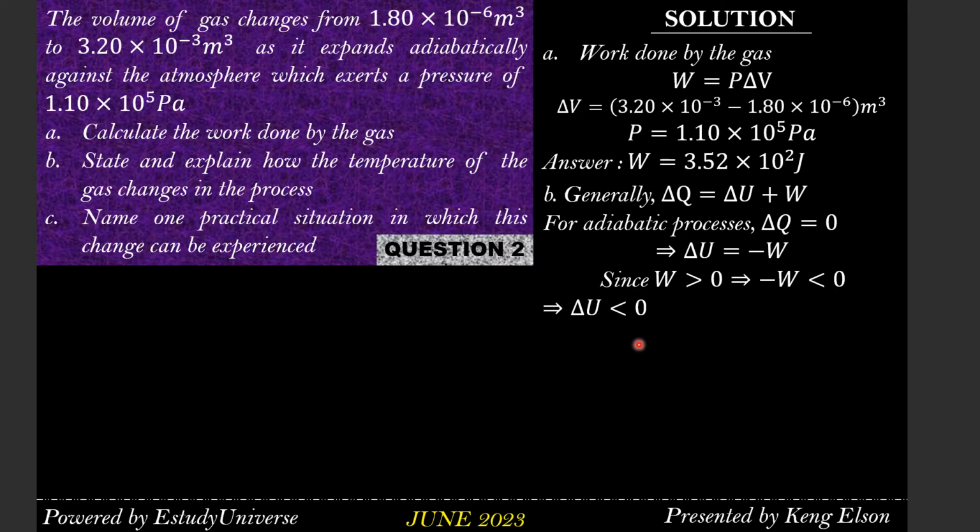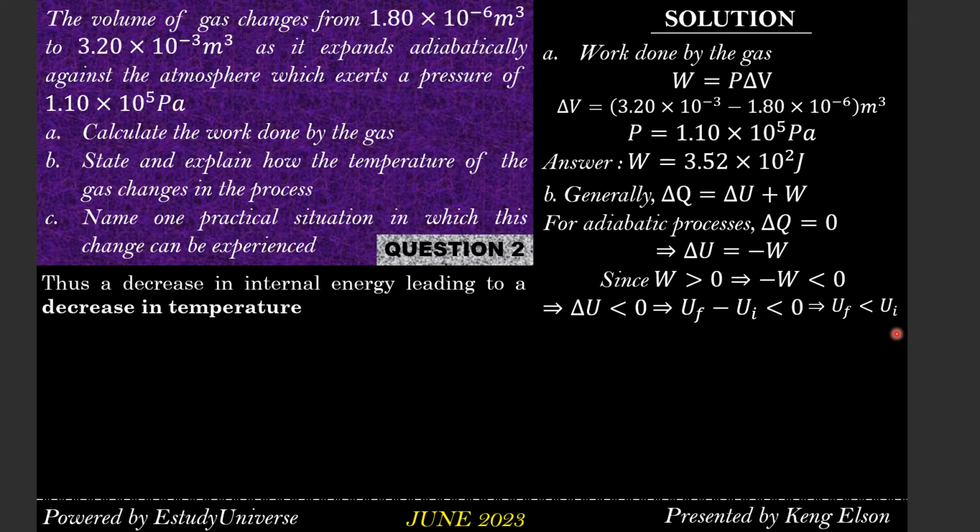And the change in internal energy is basically the final internal energy minus the initial internal energy. If the final minus the initial is less than 0, it means that the final is less than the initial. If the final is less than the initial, there's a decrease in internal energy, because the final value is smaller than the initial value.